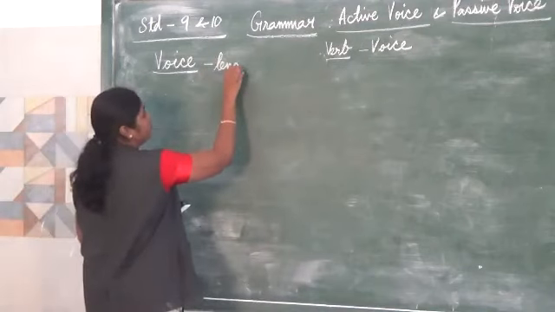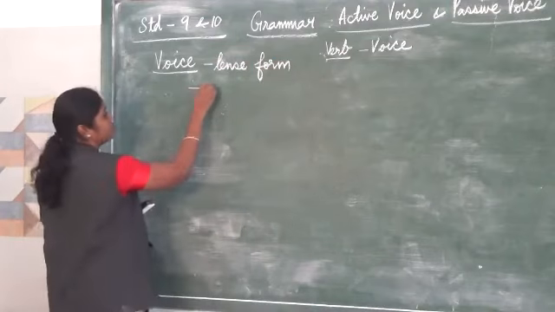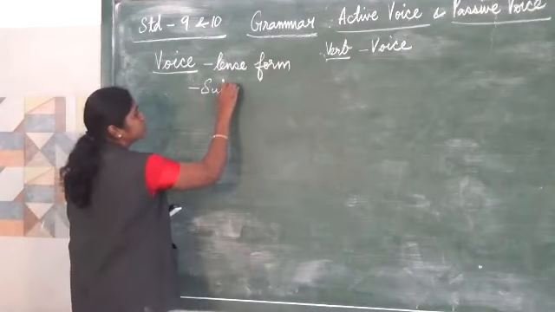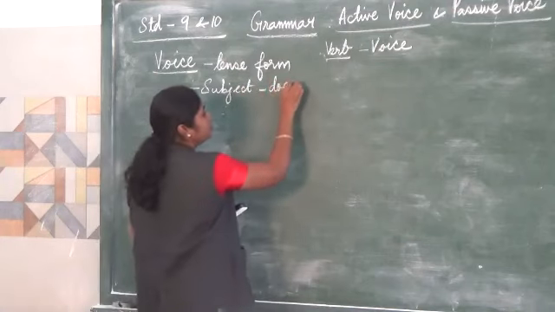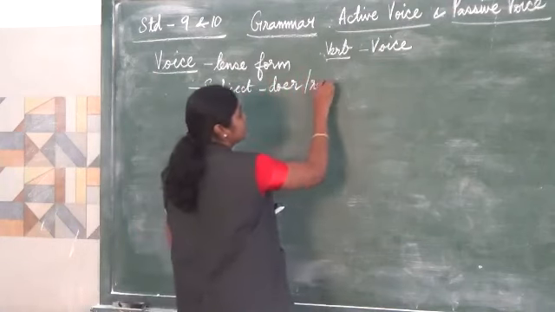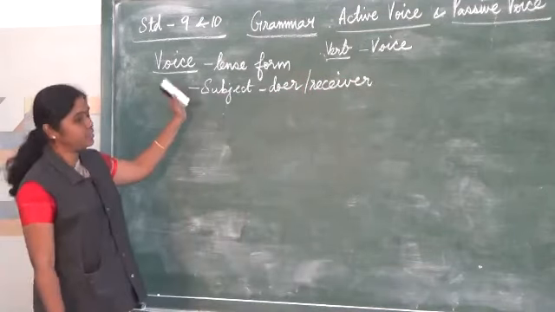So voice is basically a verb form, sorry, not tense form, verb form, which shows whether the subject of the given sentence is the doer of the action or the receiver of the action. This is the main difference we learn in voice.